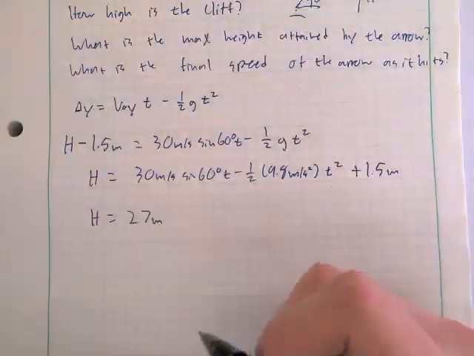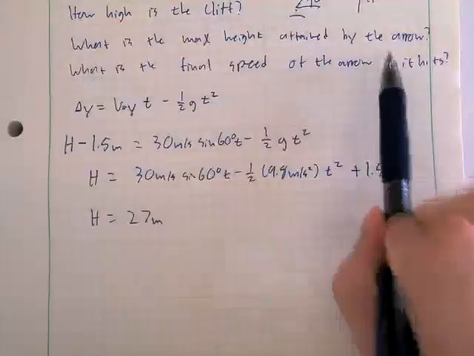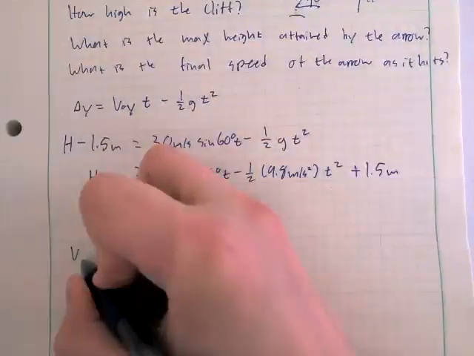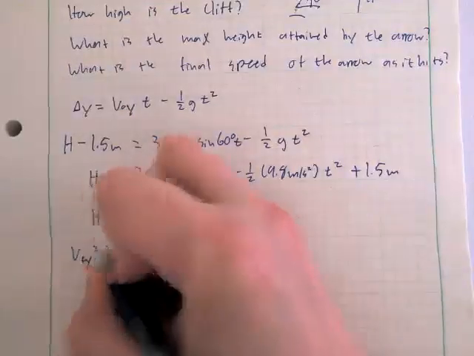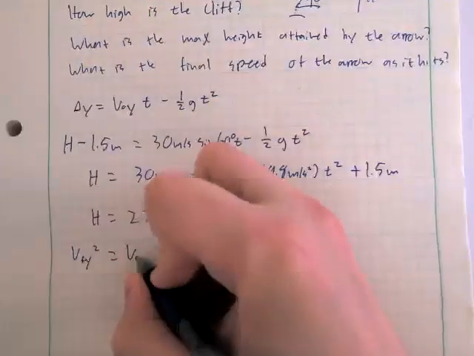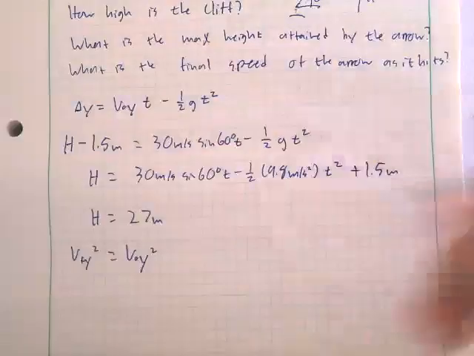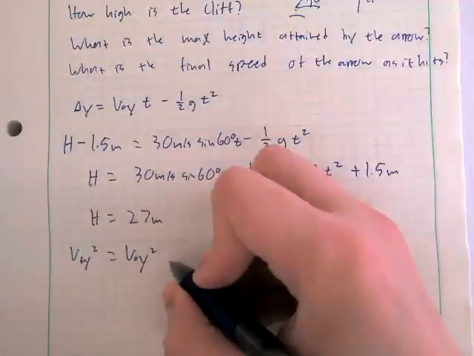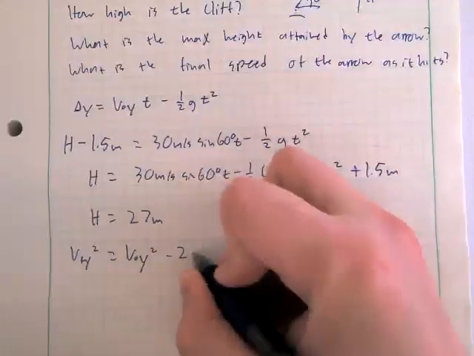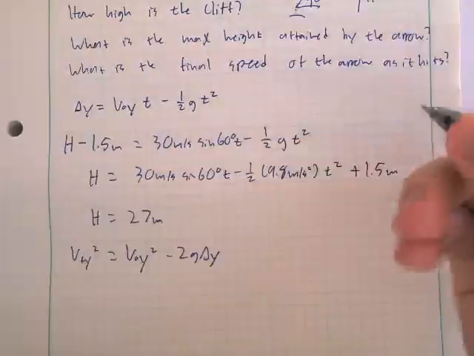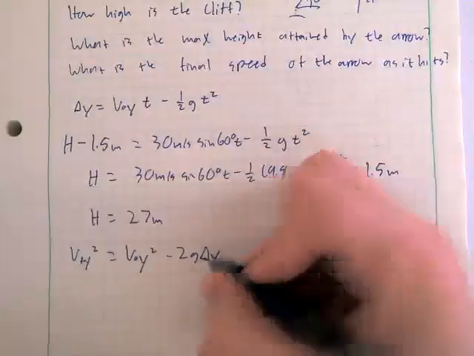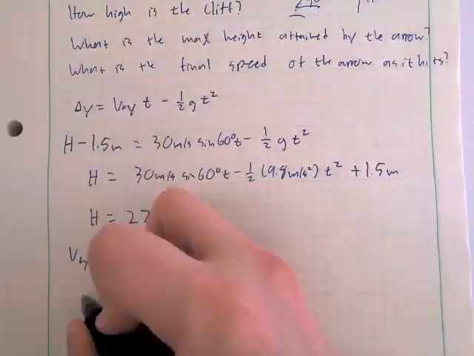So now the next thing that we want to know is what is the maximum height attained by the arrow. So let's do that same trick again. In this case, we're going to say our v final in the y direction squared equals v initial in the y direction squared, and we also want to say minus 2g delta y. Let's plug our values in. For our maximum height, this delta y will correspond to our maximum height.